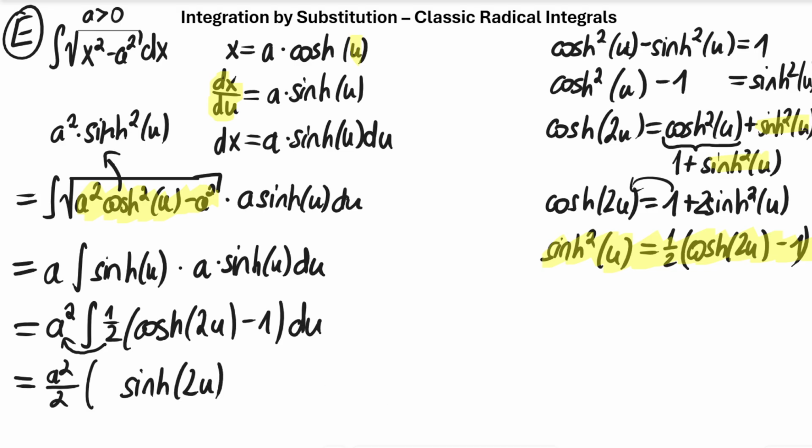But what do you need here? Don't forget this 2 here in the linear part inside. You need to divide by the inner derivative. So you have another 1/2 here when integrating this. And the one function integrated is just the u plus constant c.